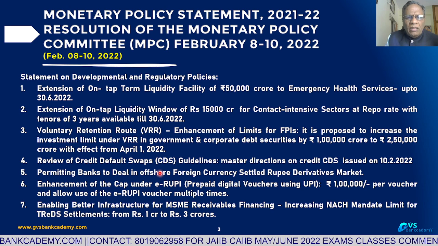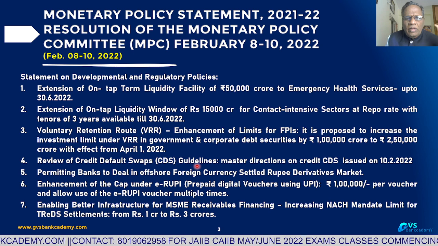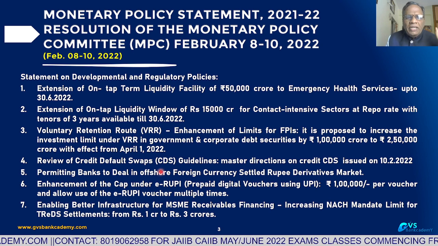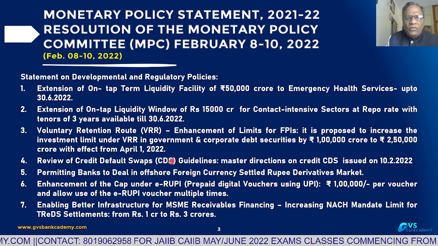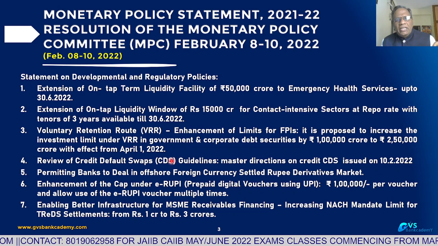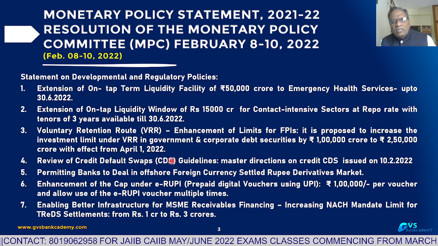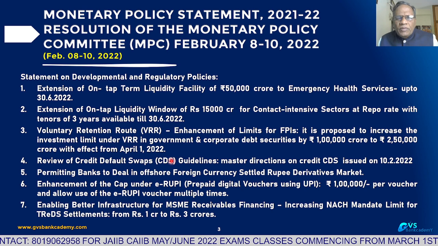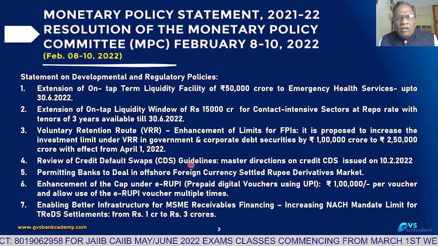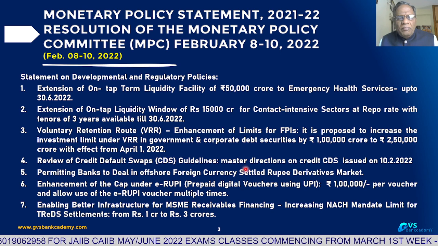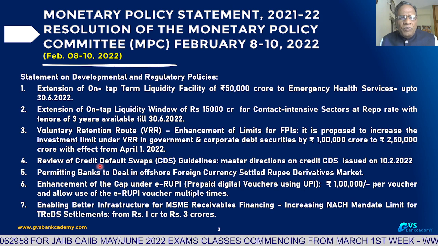Now, banks are allowed as buyers in the credit default swaps with a view to mitigate their credit risk, default risk, credit spread risk, either in advances or in investments made by banks. Very, very important.